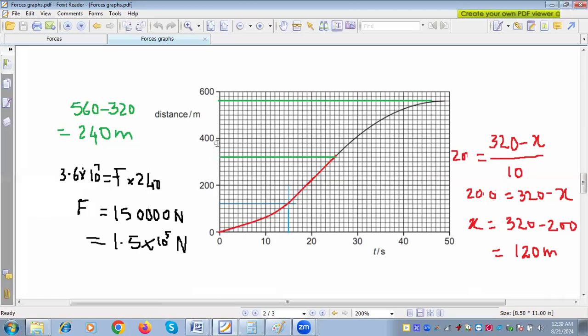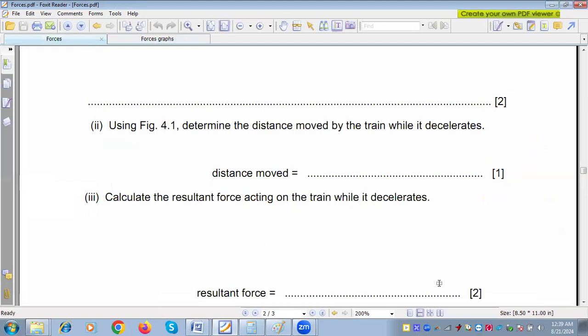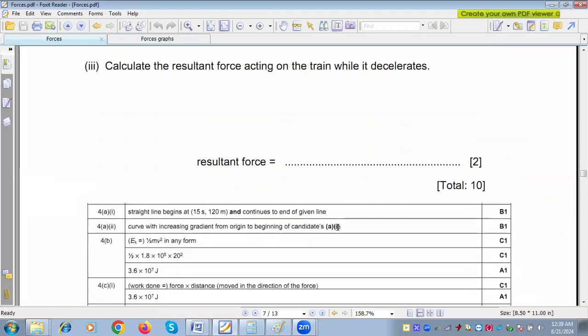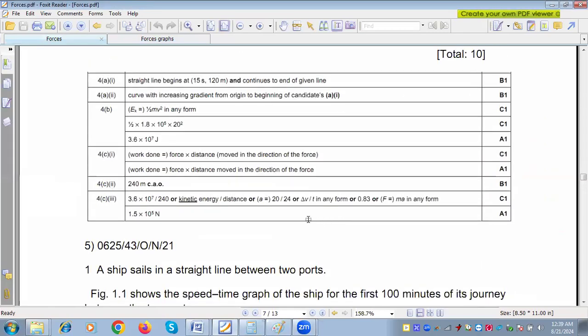So the difference is 240 meters. This is the marking scheme. Kinetic energy calculated, distance 240 meters. And then because work done is equal to force into distance, kinetic energy becomes the work done. The work to be done to stop the car will be equal to the kinetic energy which the vehicle was having.